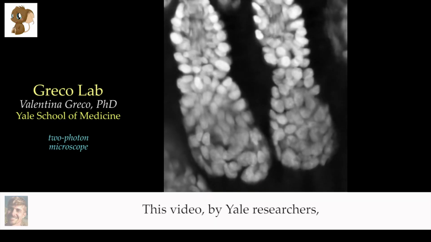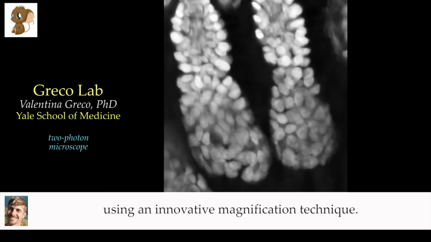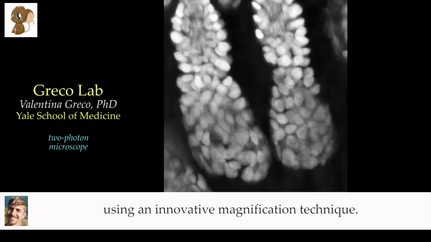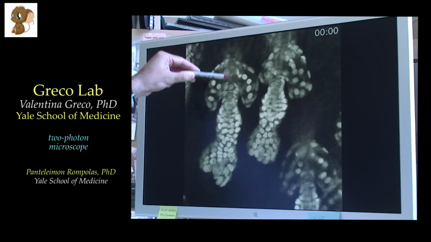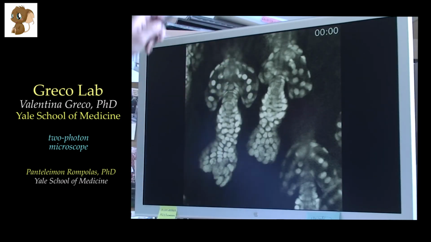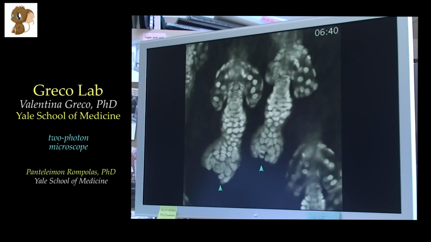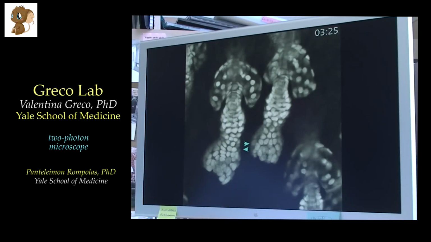This video by Yale researchers looks at live mouse follicle stem cells using an innovative magnification technique. To orient you a little bit, these are hair follicles. Here you see the hair shaft extending outside on the surface of the skin, and this is the structure that is rooted inside the dermis. The arrows are pointing to cell divisions that are taking place in real time.